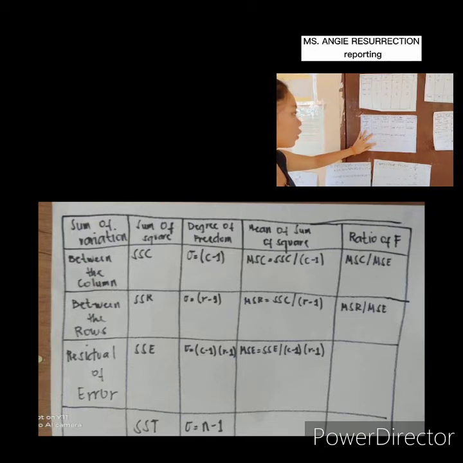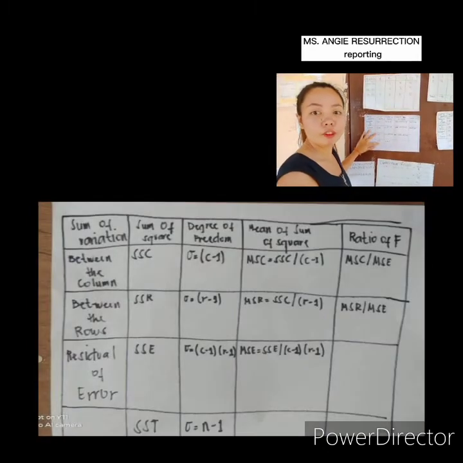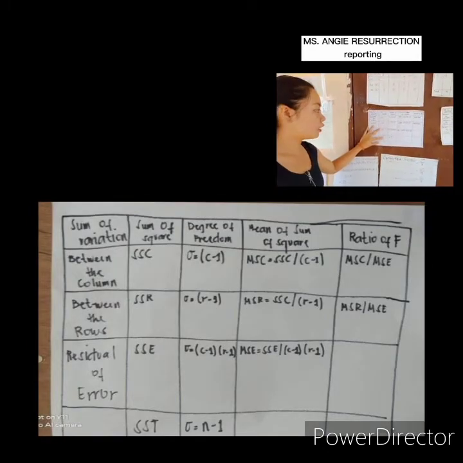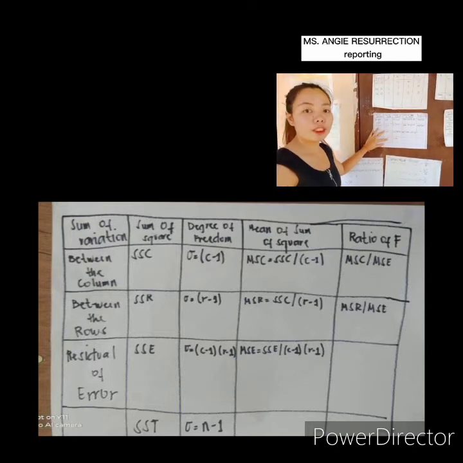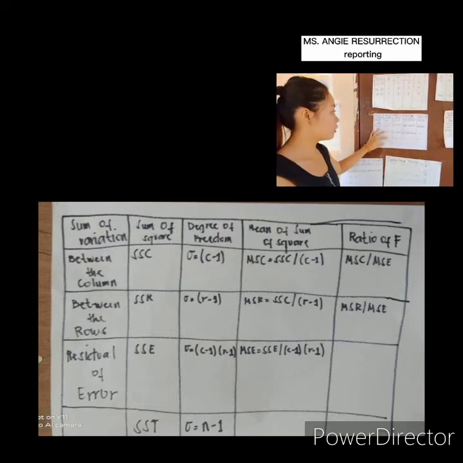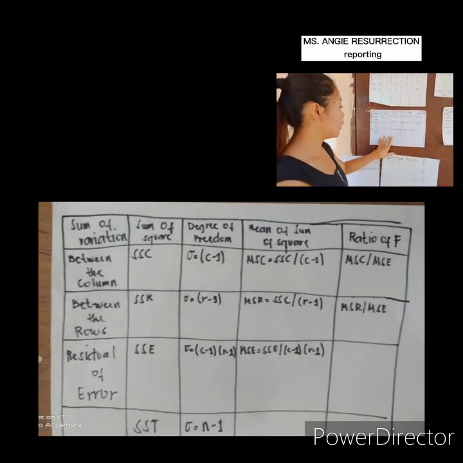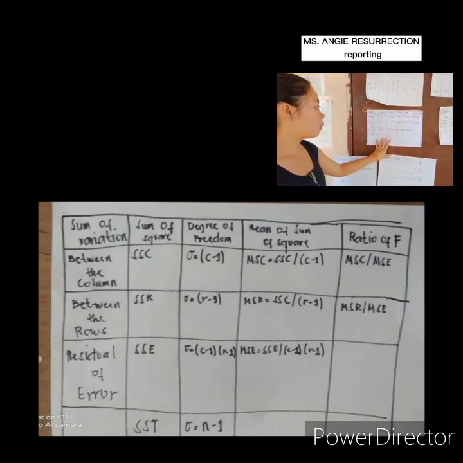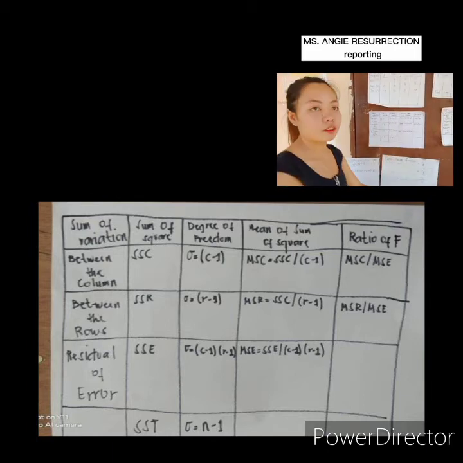Then the total sum of squares is SST, and the total degrees of freedom, nu, is equal to N minus 1.